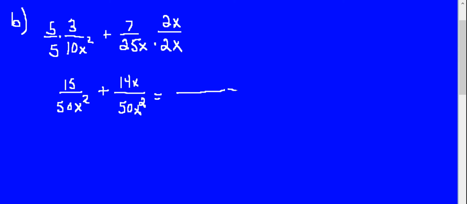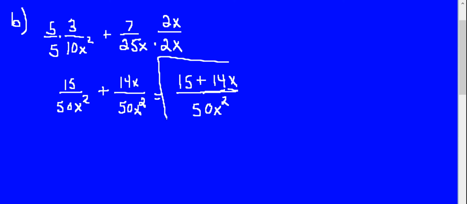And the final answer here is going to be 50x squared in the denominator, and here I've got 15 plus 14x. I can't combine those, so I'm going to leave it as 15 plus 14x. And I can't simplify anything by factoring out a common factor where I could simplify it with the 50. So this is my answer here. That was part B of example 1.